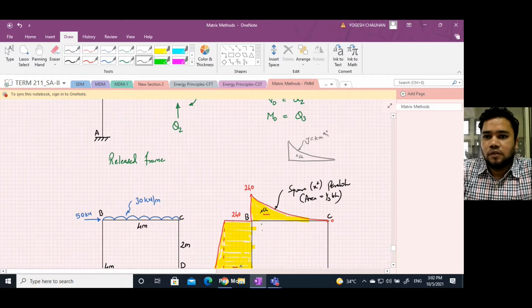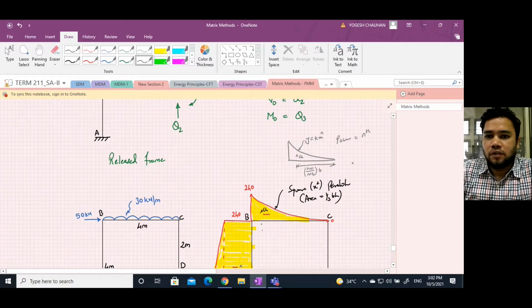In general, let us say this is x raised to the power n, and for the area, this CG distance will be n plus 1 by n plus 2 times b.